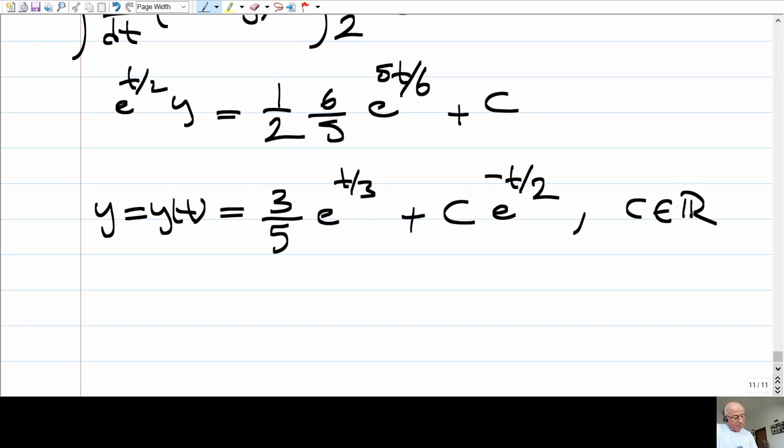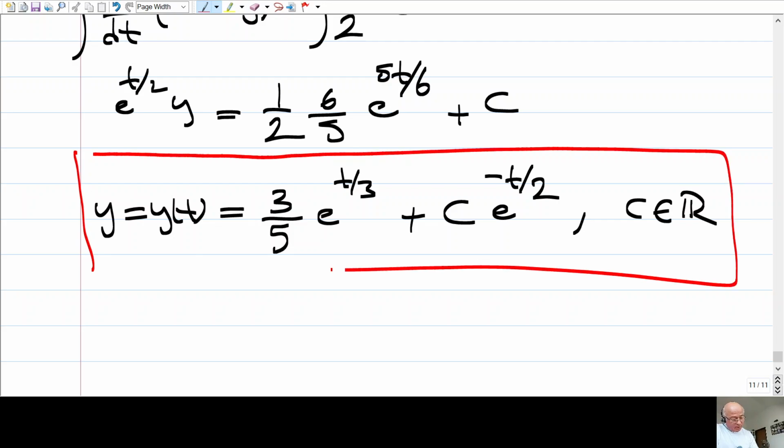So next time, or I mean tomorrow, maybe Wednesday, we will see that actually this is the list of all solutions. I have obtained some solutions, but it is not clear at all that this is the list of all solutions.